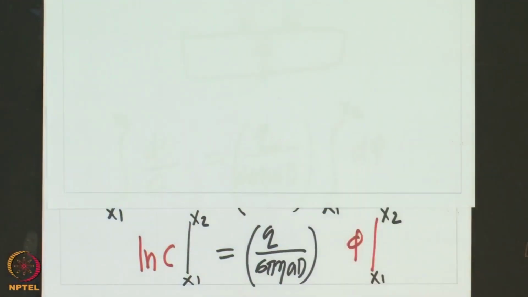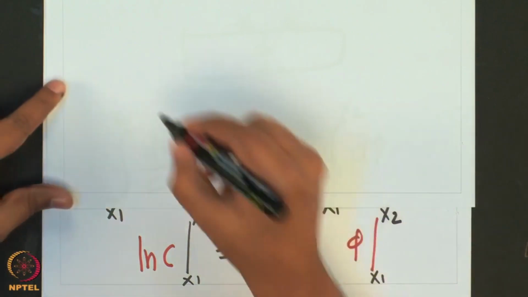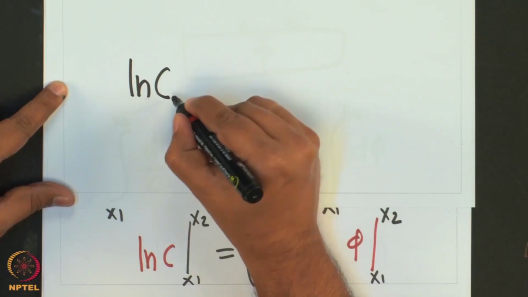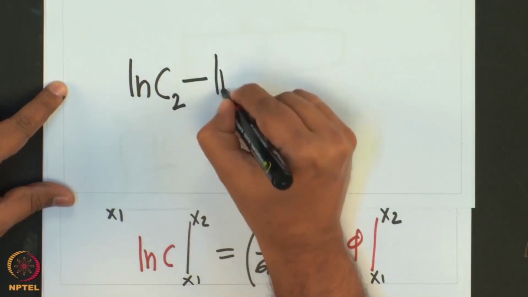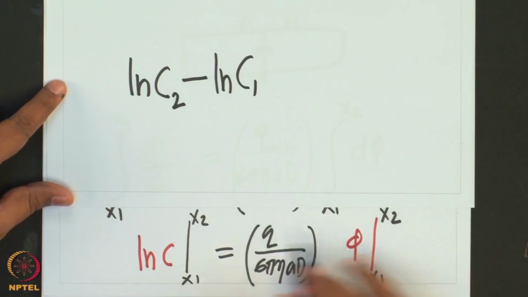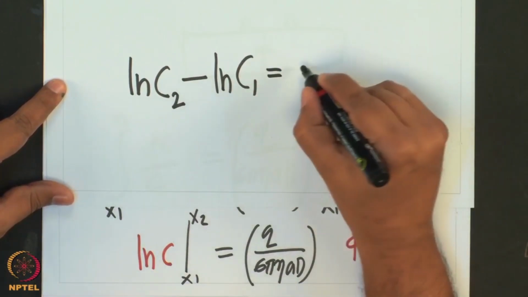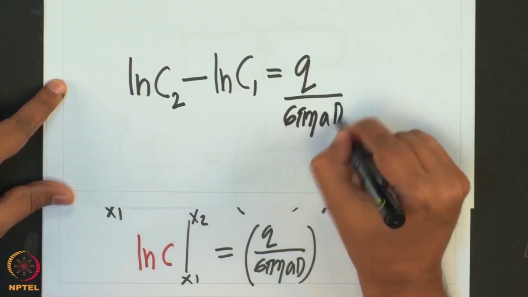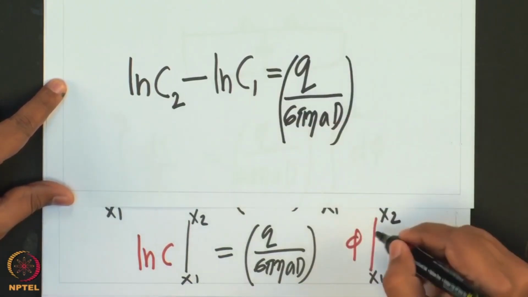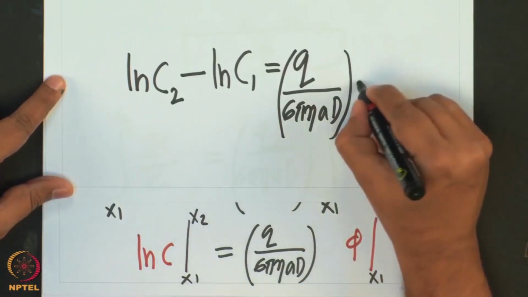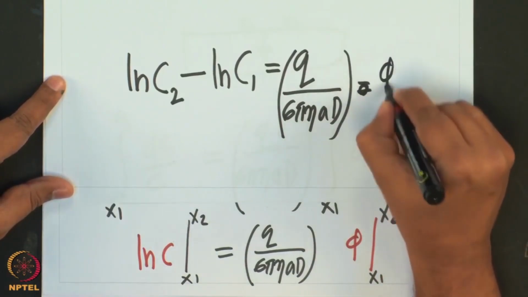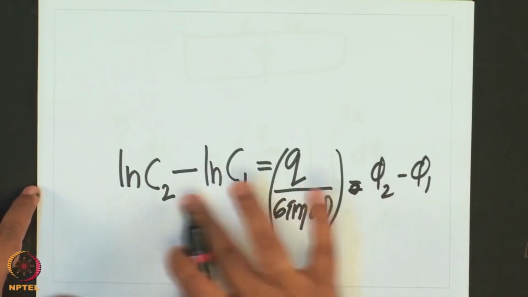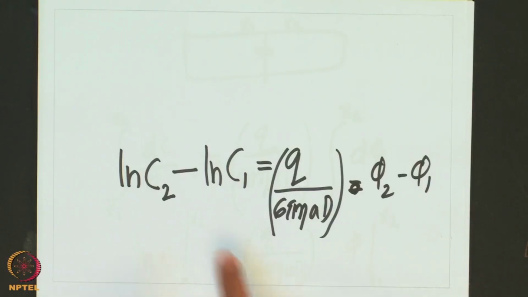I would get log c at x2, which I call log c2, minus log c at x1, which we call log c1, equal to q by 6 pi eta a d times phi at x2 minus phi at x1. So, this is what I would get, log c2 minus c1.